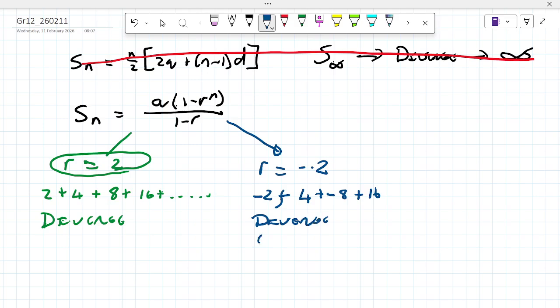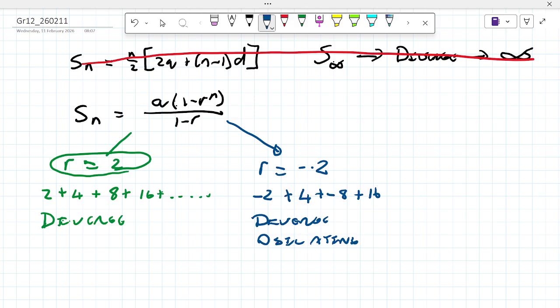But it is also oscillating. So it's positive, negative, positive, negative, positive, negative. Can you see that?